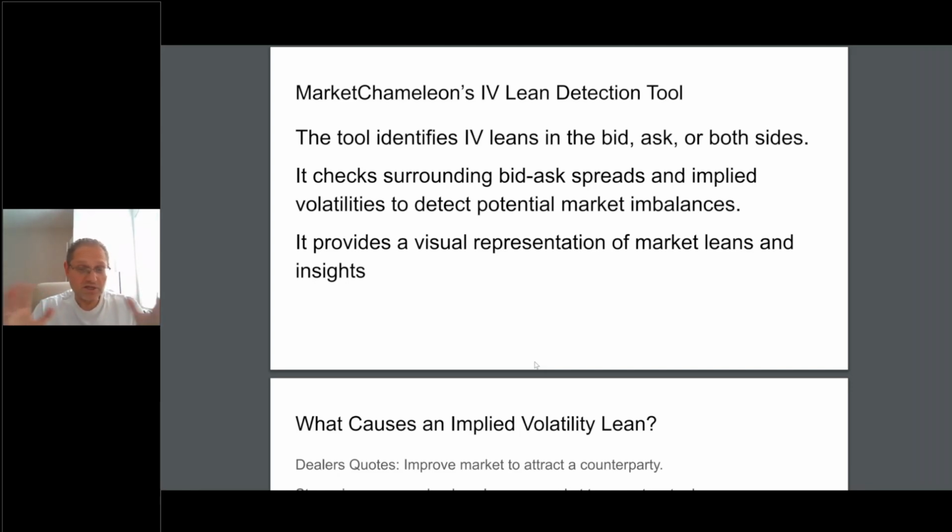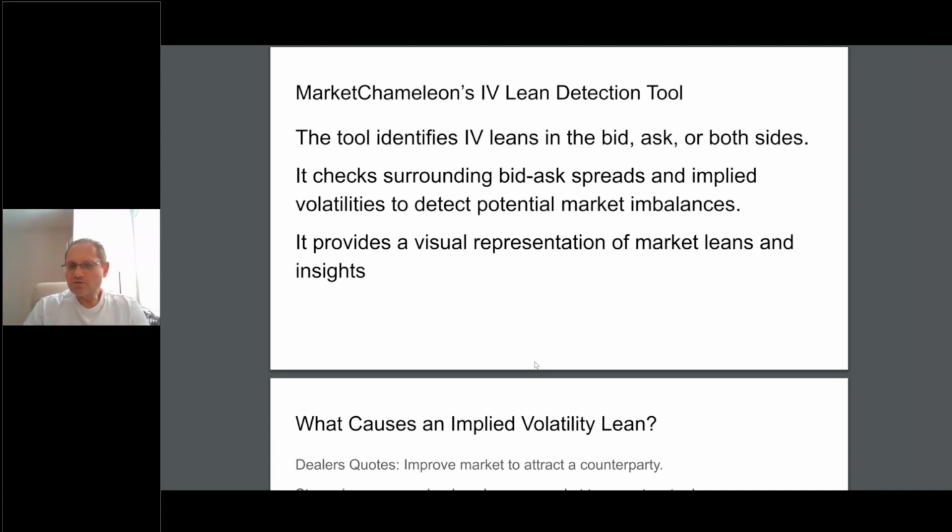First we could look at even the bid-ask spread. If the bid-ask spread relative to the bid-ask spreads with the surrounding options looks tighter or wider. But even if that happens, how do we detect if it's tighter? Because it could tighten up on the bid side, tighten up on the ask side, or it could do it on both.